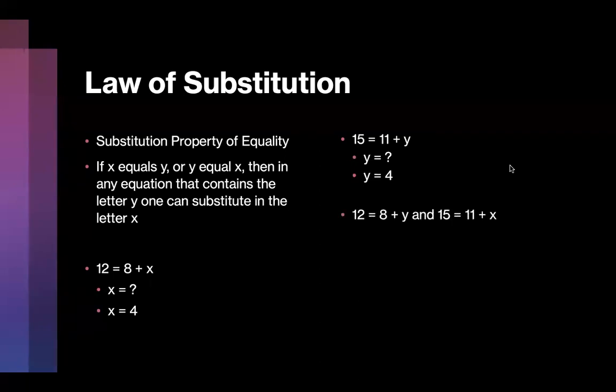If I was to take the Y and plug it into the original equation where the X was and do the same thing, could I say 8 plus Y equals 12? Yes, sir. Could I say 11 plus X equals 15? Yes, sir. So outwardly, the letter X and the letter Y appear to be different, correct?